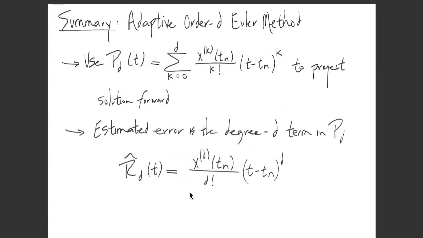So in summary, how does the adaptive order D Euler method work? Well, we're going to use the degree D Taylor polynomial to project the solution forward. We're going to estimate the error using r hat, and that just turns out to be that last term in the degree D polynomial. So the degree D term in that polynomial is your estimated error.